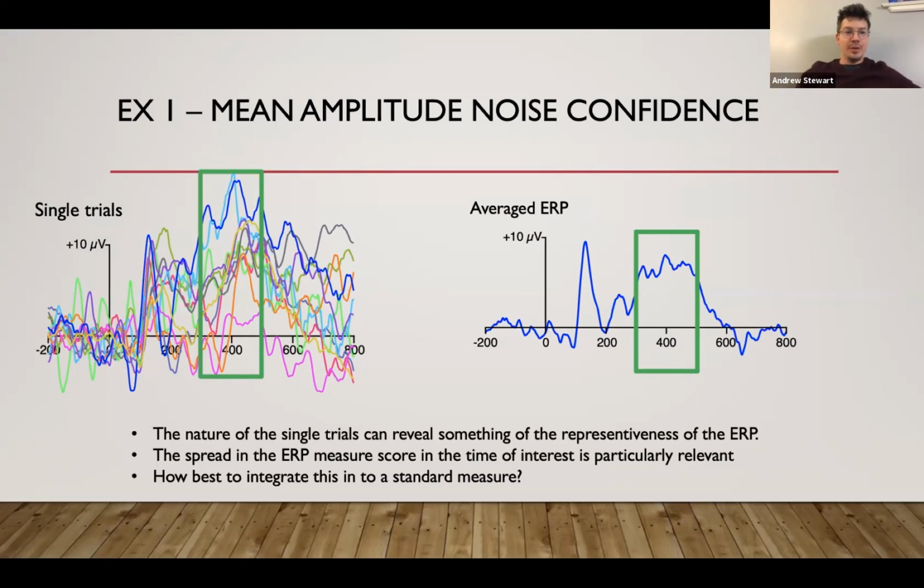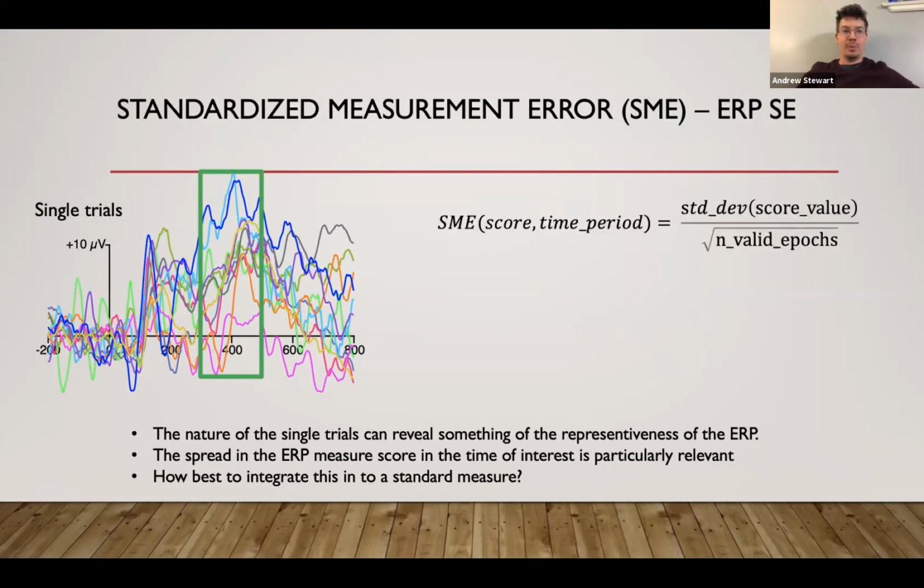What is it that we can do to have this put into one data quality metric? And what we're proposing is standardized measurement error, which we define here as taking the score in the time period where we have the standard deviation of this score of interest at this time period divided by the square root of the number of valid epochs here.